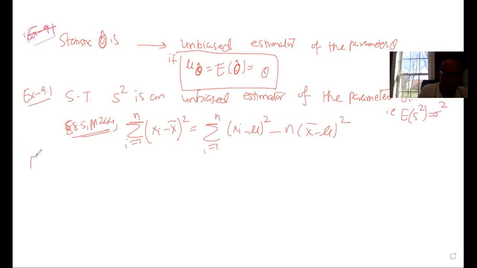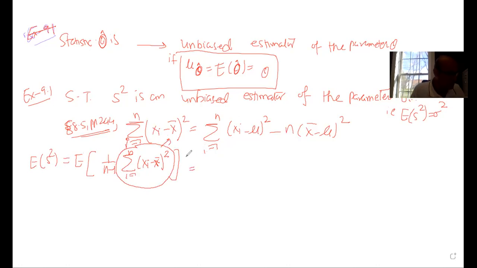So let me start with the expectation of S square. The definition of S square, from the previous chapter, is 1 over n minus 1 times the summation of xi minus x bar square, i equal to 1 to n. I can plug in the value from here. 1 over n minus 1 is a constant, so let me pull it out.